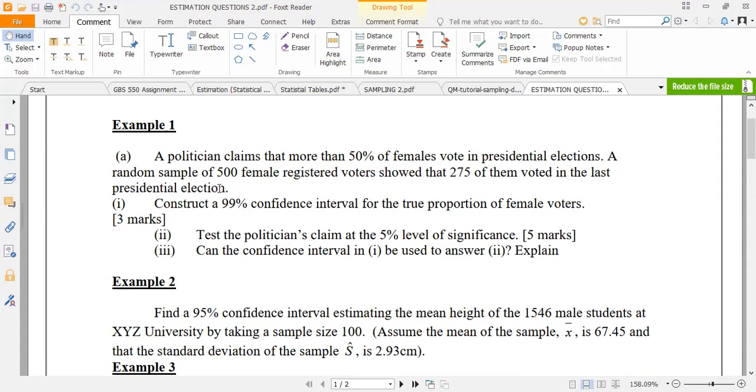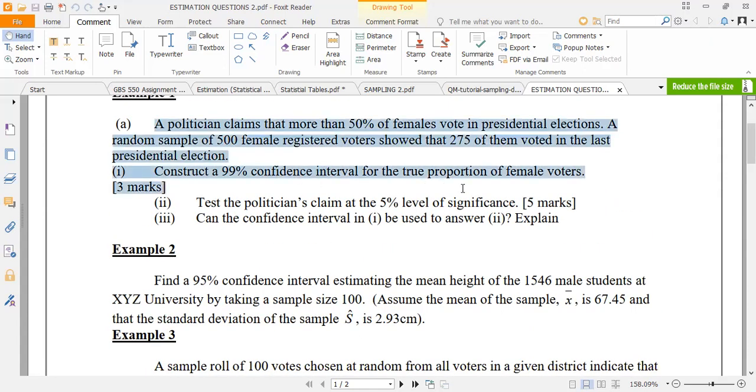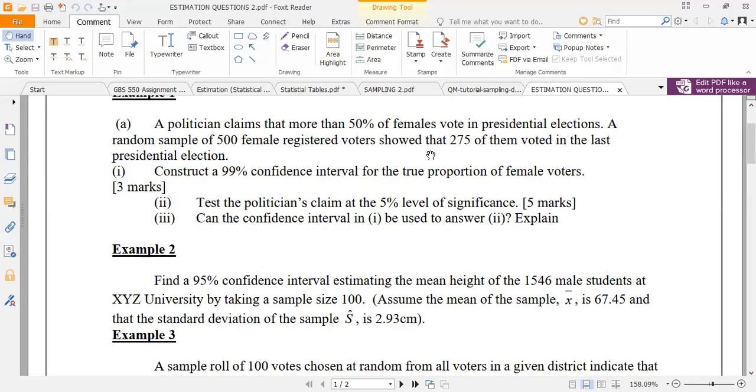Okay, now for proportions, you need to understand one key thing. It's now becoming a little bit complex, because there are a few things you need to know. So here, what are we given? A politician claims that more than 50% of the females vote in presidential elections.